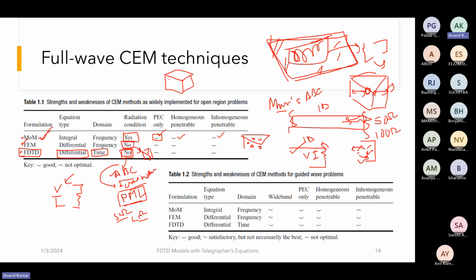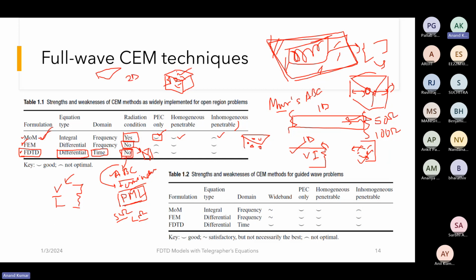Since it is only meshing the surface, it becomes hard for the solver to know how the fields are varying inside. You can use method of moments to solve these problems as well, but in that case, you will again be meshing the entire volume.